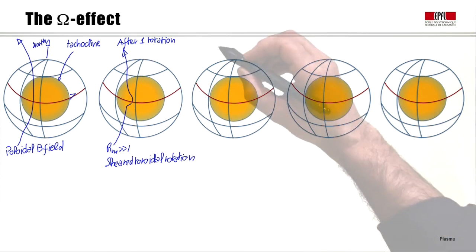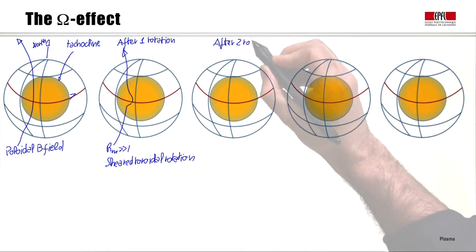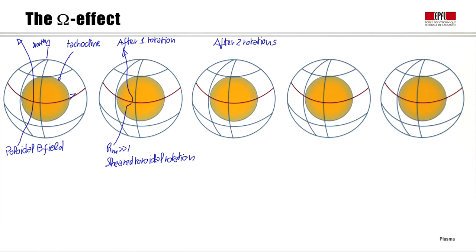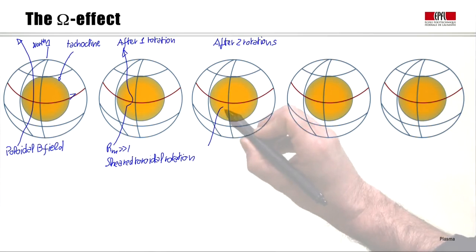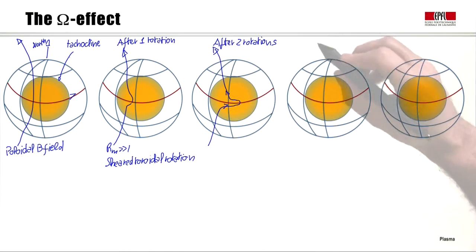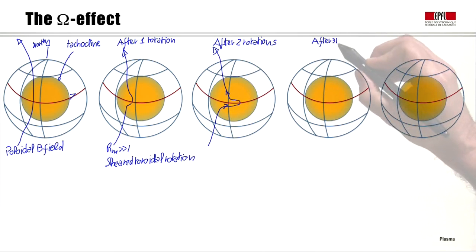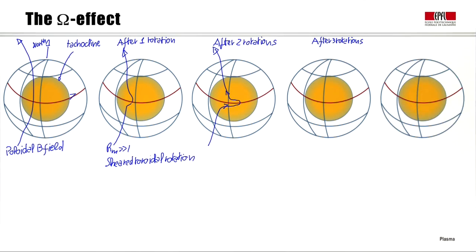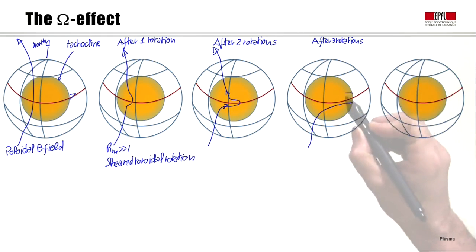After two rotations, this stretching effect at the equator will be amplified and the magnetic field line will look like this. The process will go on, and after 3 rotations, the magnetic field line may look like this one.